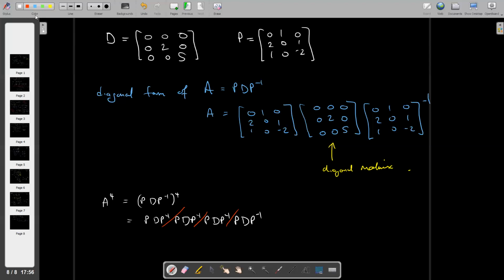So this is going to give me P D to the power 4 P inverse. And recall that powers of diagonal matrices are really simple to work out, so that's kind of worked out nicely.